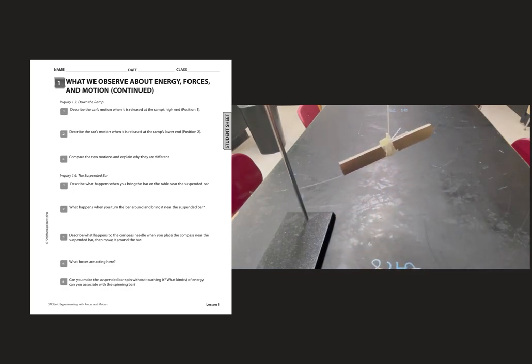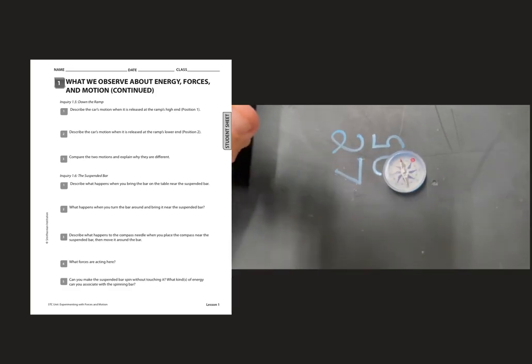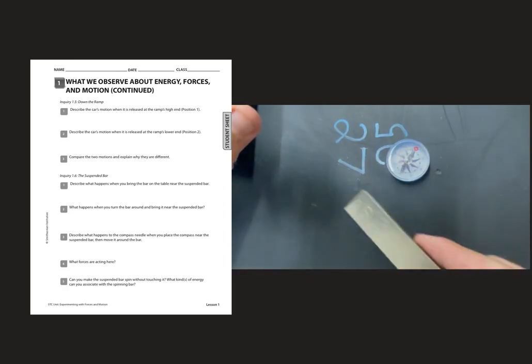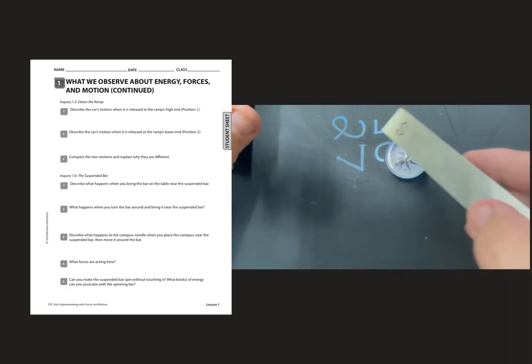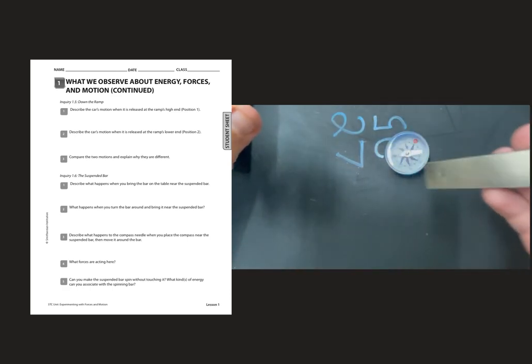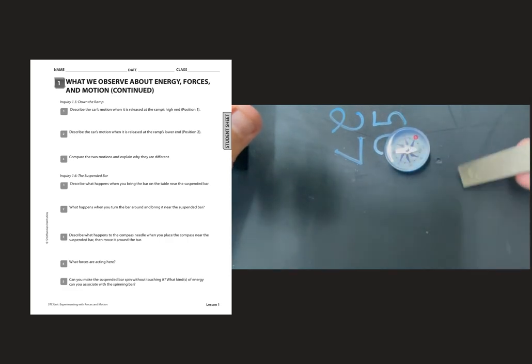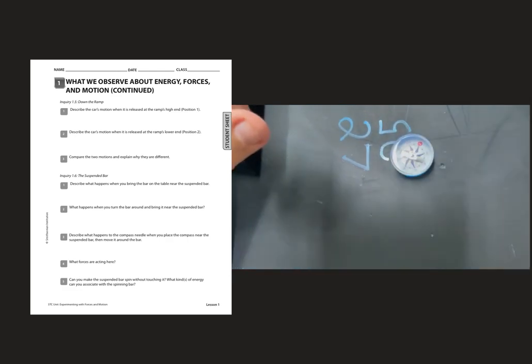So I can also sit it on the table here, and I can give you a little bit better view with the compass not moving. So notice what happens when I bring the bar near the compass and I move it around it.